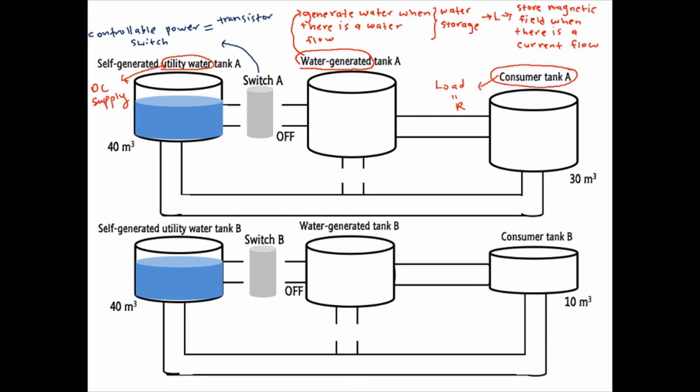When that happens, another switch is automatically turned on to maintain the water flow between the water-generated tank and the consumer tank. This switch cannot be controlled, and it will turn on whenever the controllable switch is turned off.